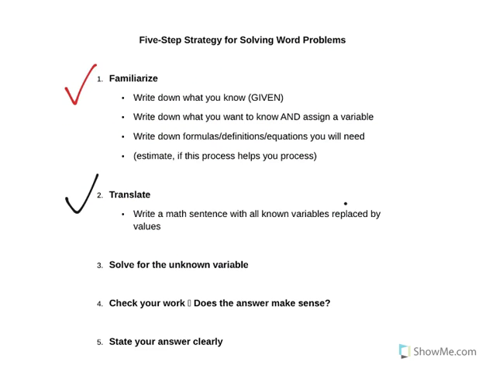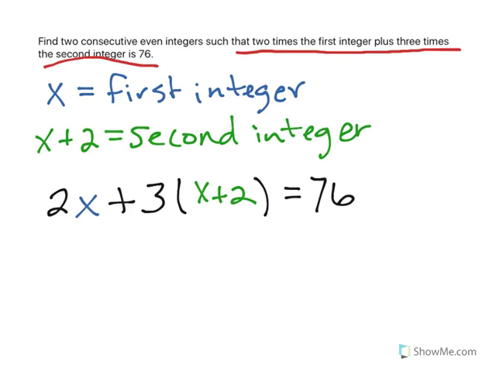So we've successfully solved for the unknown variable, but remember we had two unknown integers, x equals 14, which is what we just solved for, and we also have our second integer, x plus 2, which means 14 plus 2 equals 16.